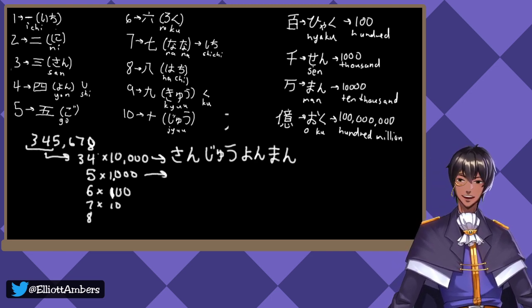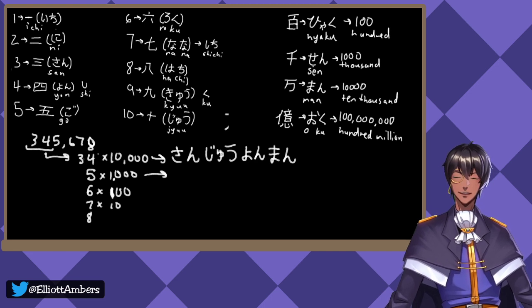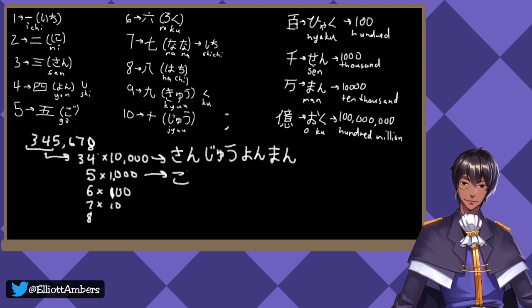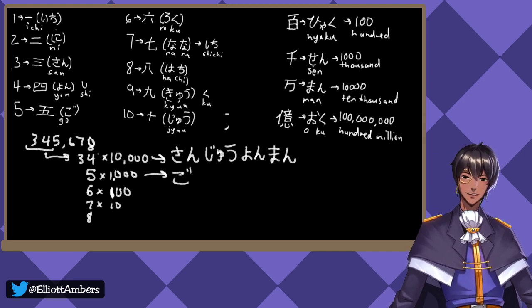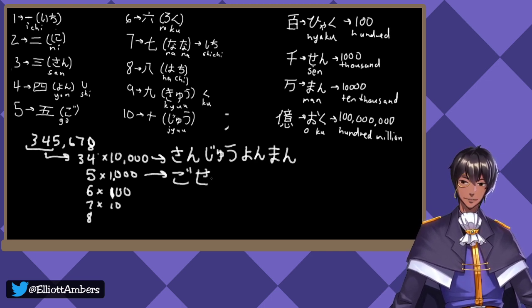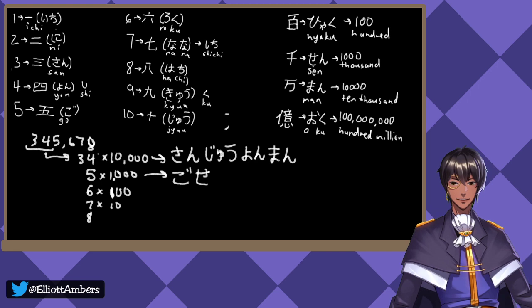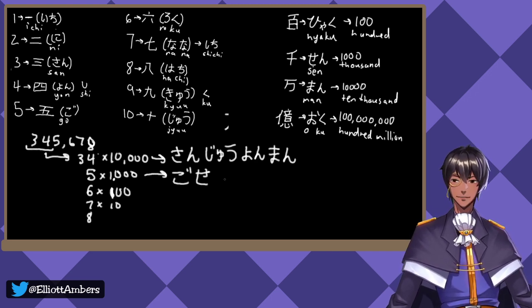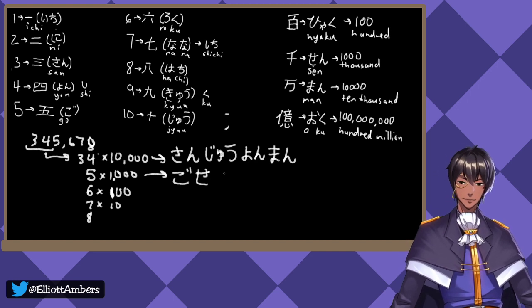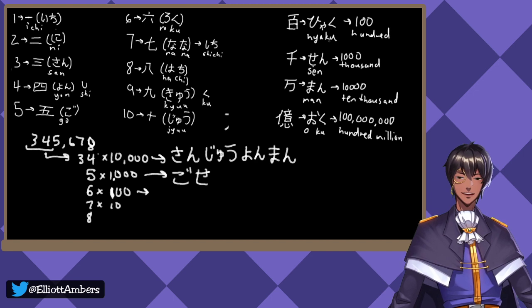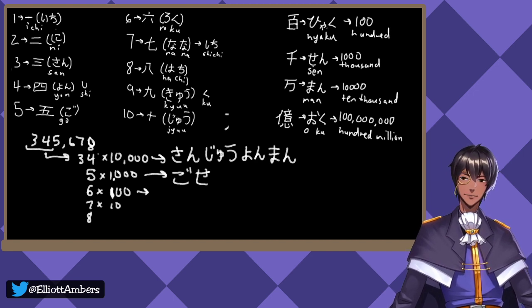That's probably the hardest one out of these because it uses a double-digit number. 5 times 1,000, we know 5 is go. 1,000 is sen, so go sen. Like the ending to that one Host Club anime, where the first line they say is go sen mairu hashite: I run and run 5,000 miles. 6 times 100, we know that's hyaku.